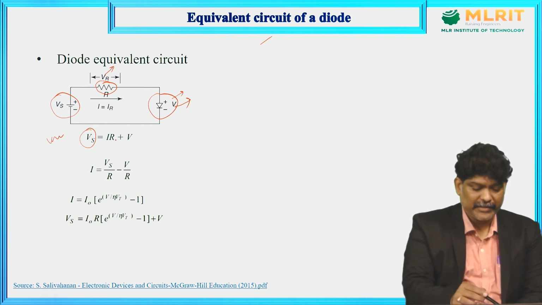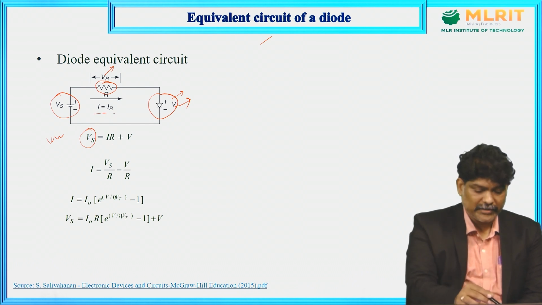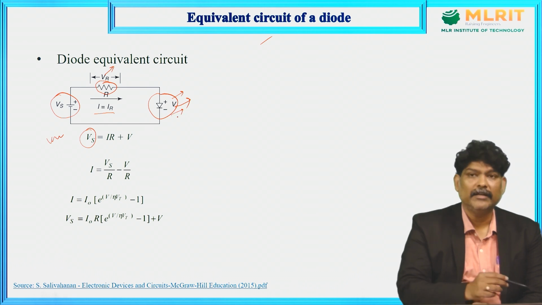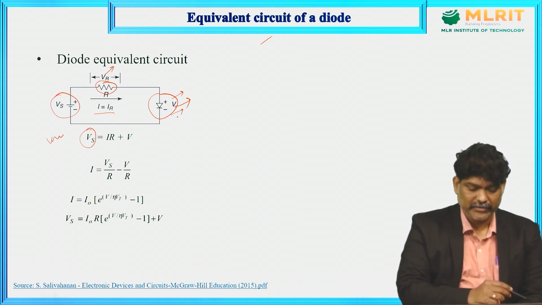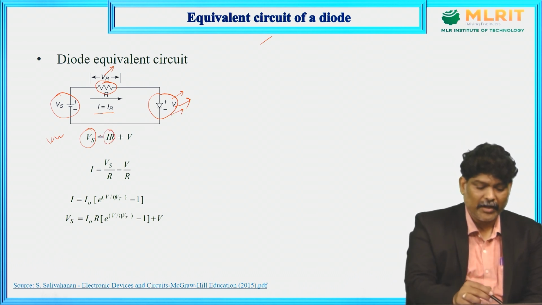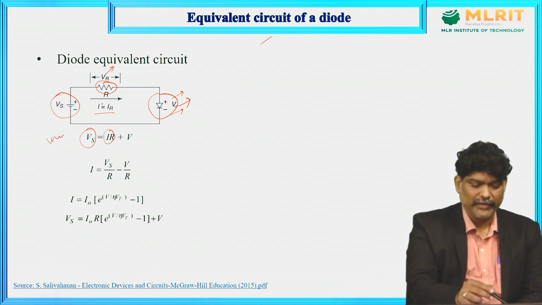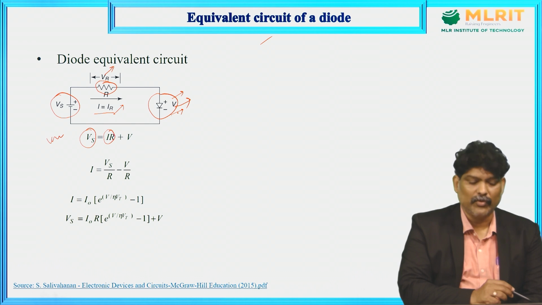It is given by I into R plus the voltage across the diode. So IR is also a voltage drop in the circuit, and the total source voltage is approximately equal to the combination of IR and the diode voltage.